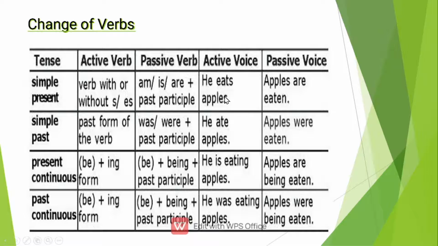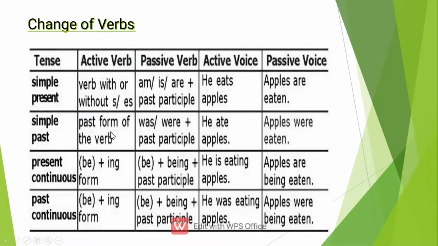Okay. So I will make my object as my subject. So apples are eat. The third form of eat, past participle form of eat is eaten. And apples is a plural subject. So we will use are. Apples are eaten by him. Okay, we are just now focusing on verbs. So we are not showing you the words by him.